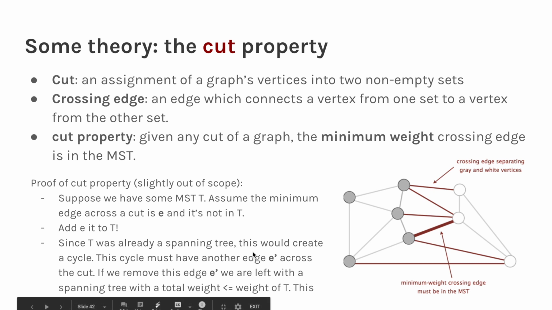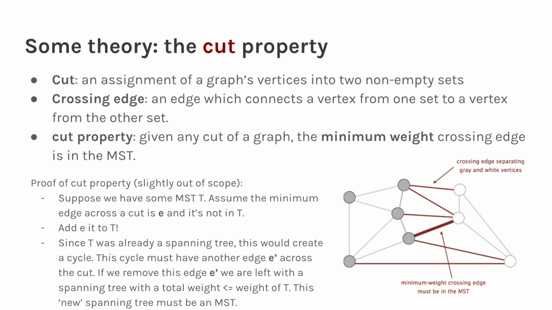So if we removed another edge across the cut, E prime, and we added E as well, then the total weight is going to be at most equal to the weight of T if E prime had equal value to E. So basically then this new spanning tree that we created must also be a minimum spanning tree. Yeah, so that's the crux of the argument. If you were to add the minimum edge, it'd create a cycle, and then you could remove the larger edge in the cycle. So the smallest edge must be in the MST.